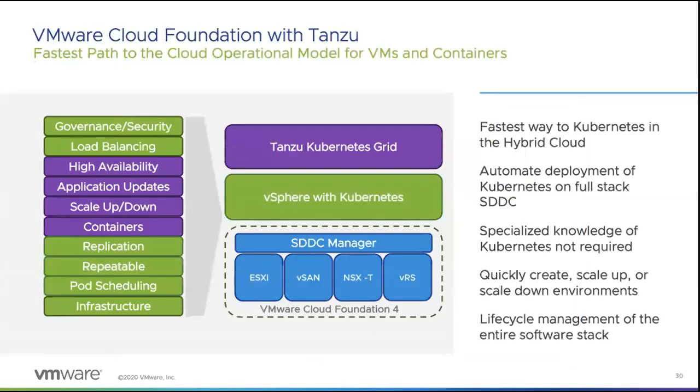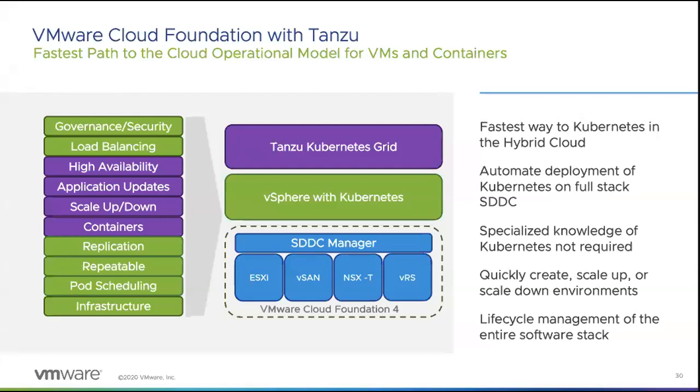Now let's talk about VMware Cloud Foundation with Tanzu. We all think we probably require specialized knowledge of Tanzu in order to do any sort of Kubernetes deployments, and have concerns about scaling up or scaling down environments and more. The way it works, as you can see, is we have your VMware Cloud Foundation environment.